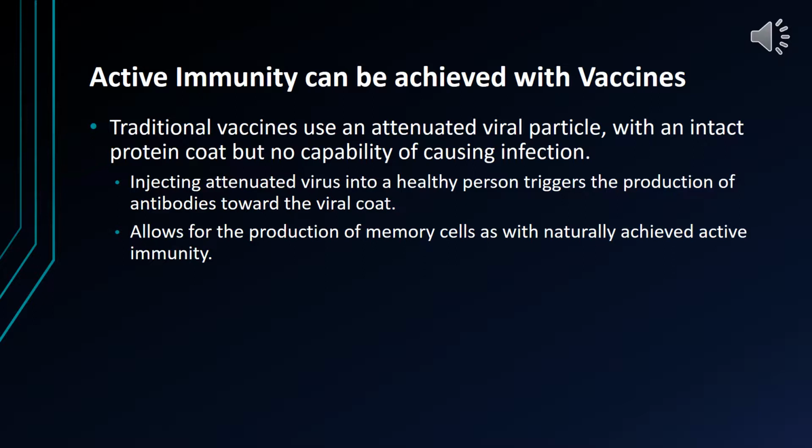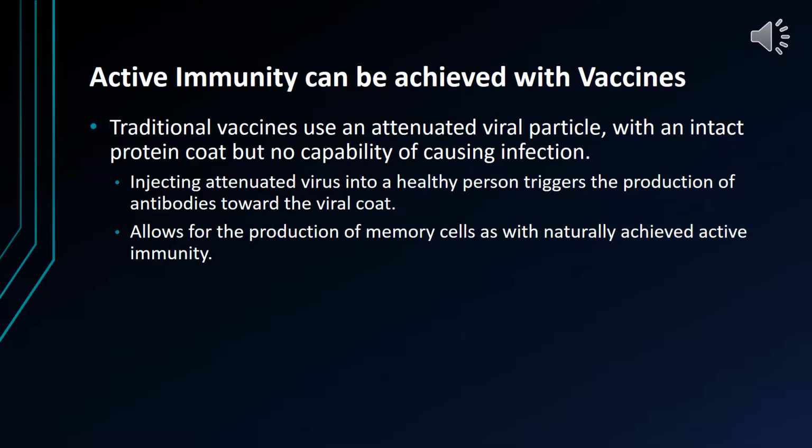Traditional vaccines use an attenuated viral particle with an intact protein coat, but no capacity or capability of causing infection. And these attenuated viruses are injected into a healthy person such that they trigger the production of antibodies toward the viral coat, and they allow for the production of memory cells, the same as what occurs when we're naturally infected with a pathogen.